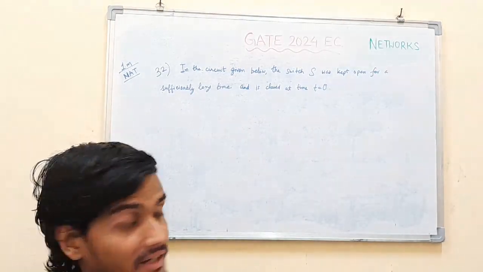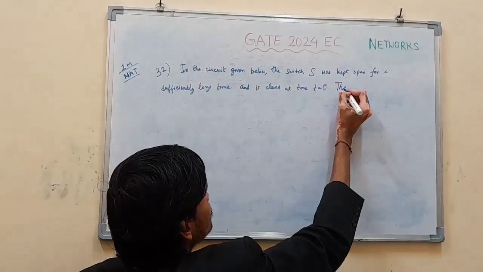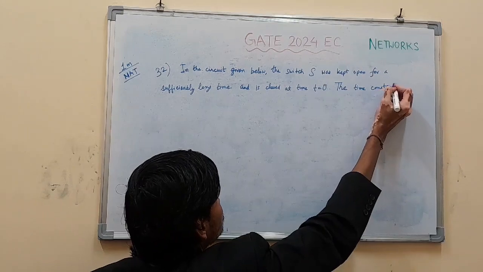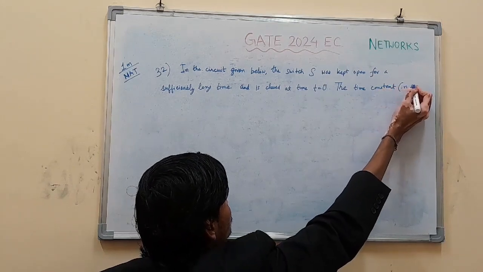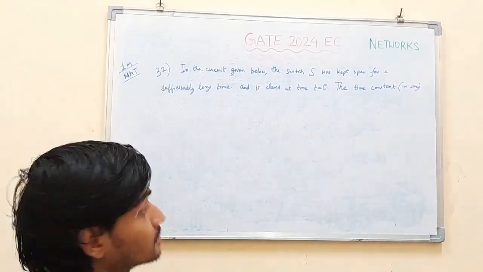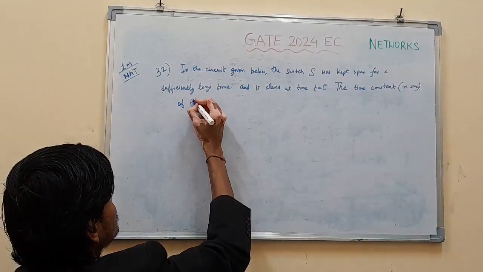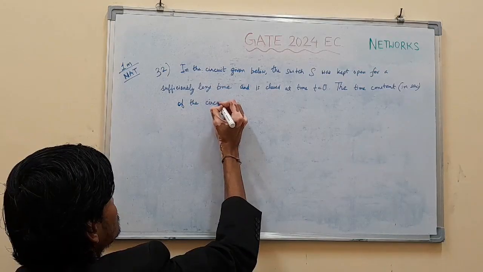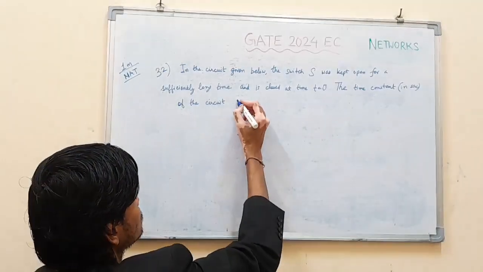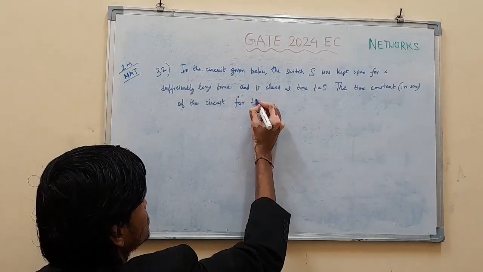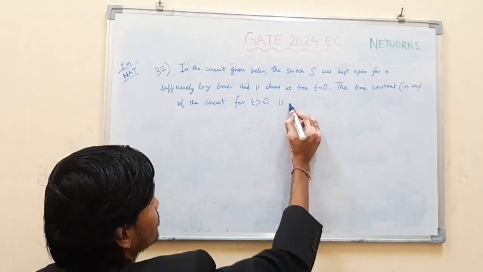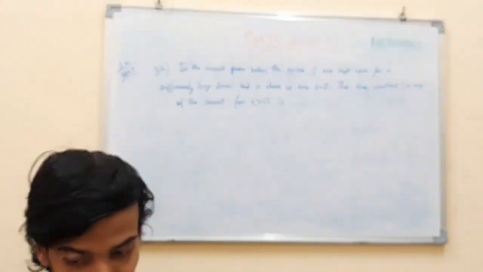The time constant in seconds of the circuit for t greater than 0 is ___.